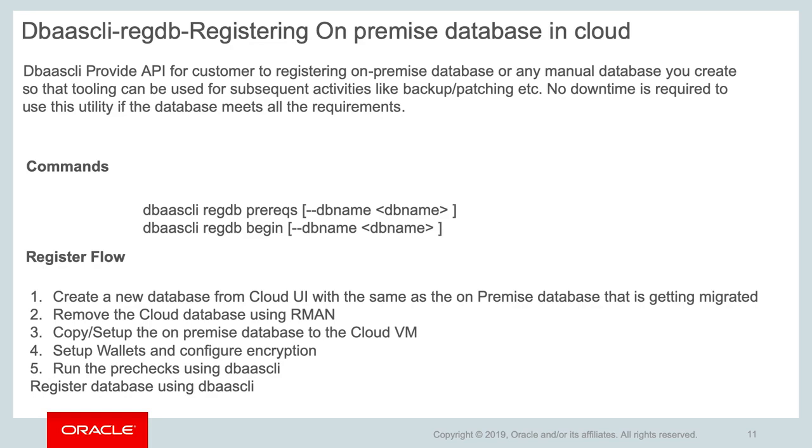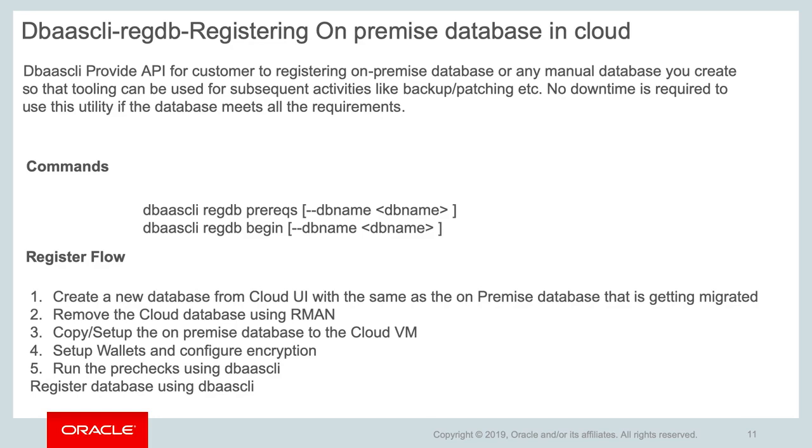So Diva CLI ResDB provides APIs for customers to register their database so that the tooling can be used for any subsequent activities like backups or patching. There is no downtime required to use this utility if the database meets all the requirements. So the tool provides a better customer experience with minimum downtime to migrate customer databases into the cloud.